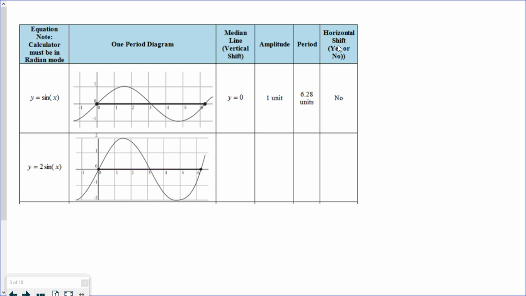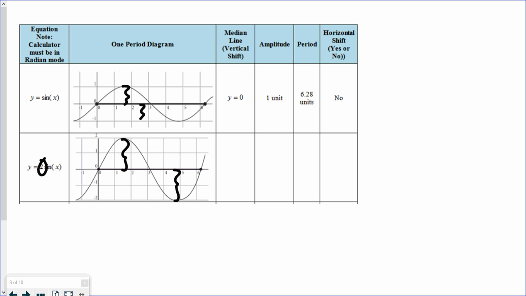So welcome back. You've done those 3 graphs, and what you found is, the graph for this one was already in your notes for you, and we see that it's changed one characteristic. Here, our amplitude was 1 unit, but in this graph, our amplitude is now 2 units.